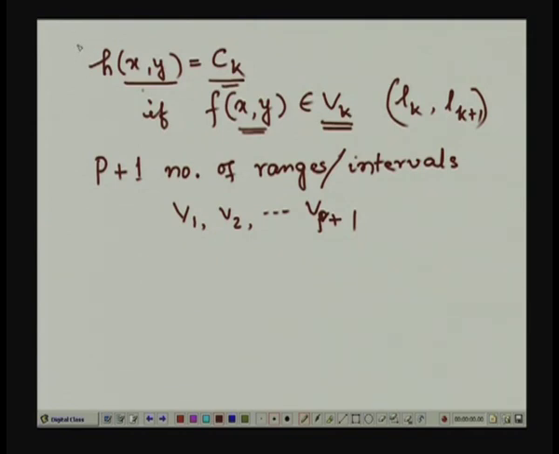Now, by using this simple concept, that is, you divide your intensity range into a number of intervals, and to a particular location in the intensity image you assign a color which is determined by which of the intervals the intensity of the image at that location belongs to, what we get is a pseudo colored image.